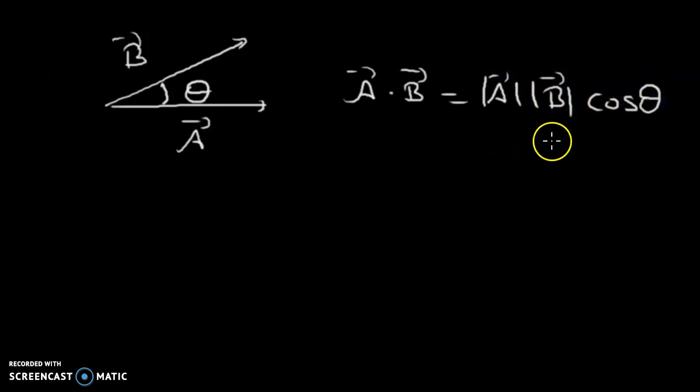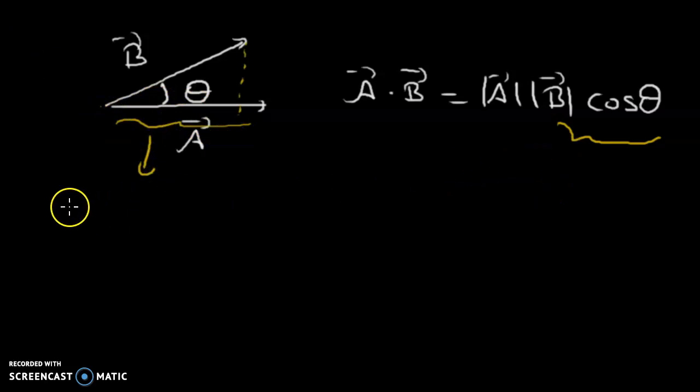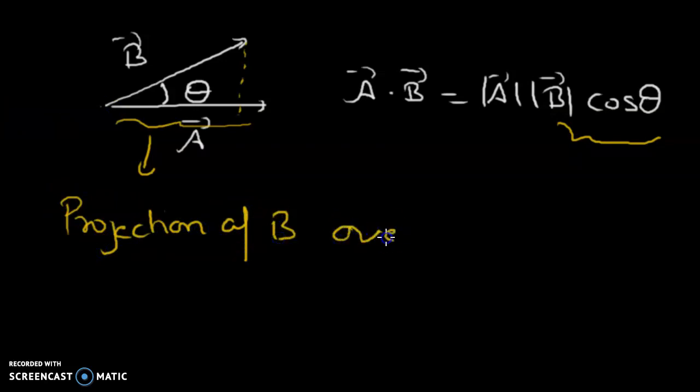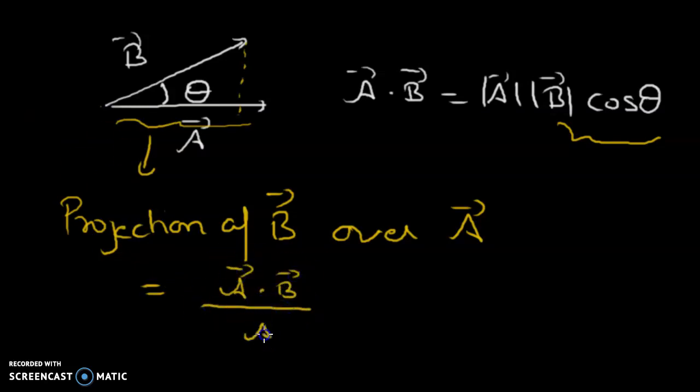Here, B cos theta actually represents the projection of B over A. So the projection of B over A would be A dot B, the dot product of them, over the magnitude of A. This is one application of the dot product, finding the projection of one vector over another.